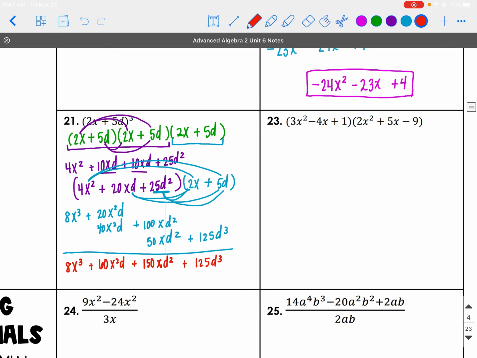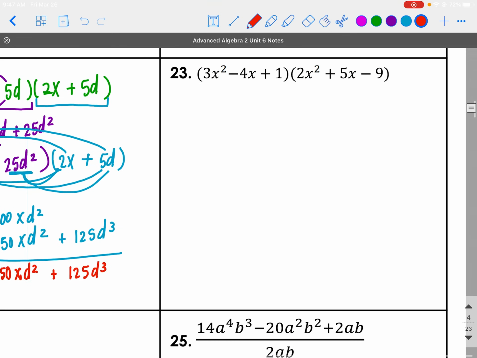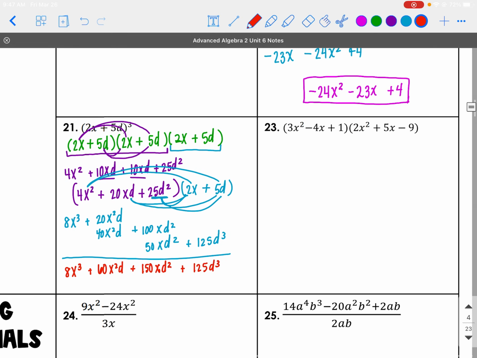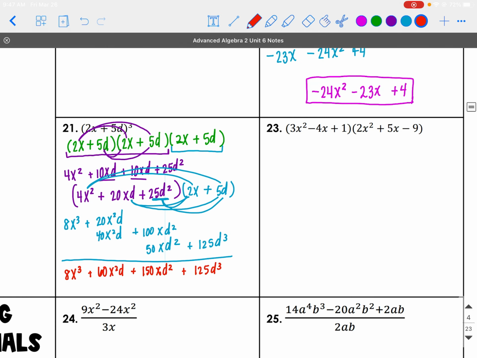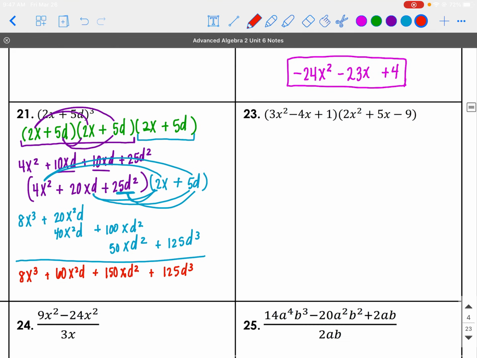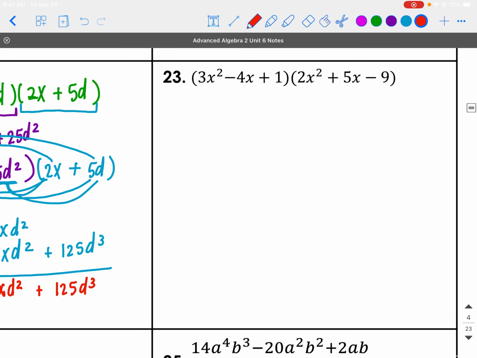All right, now number 23, I am multiplying 3 terms by 3 terms. It's really easy to get it all mixed up. Look how messy that last one looked. I'm going to show you a way to do it that's a lot less messy. So I'm going to make a 3 by 3 square, because I'm doing 3 by 3.